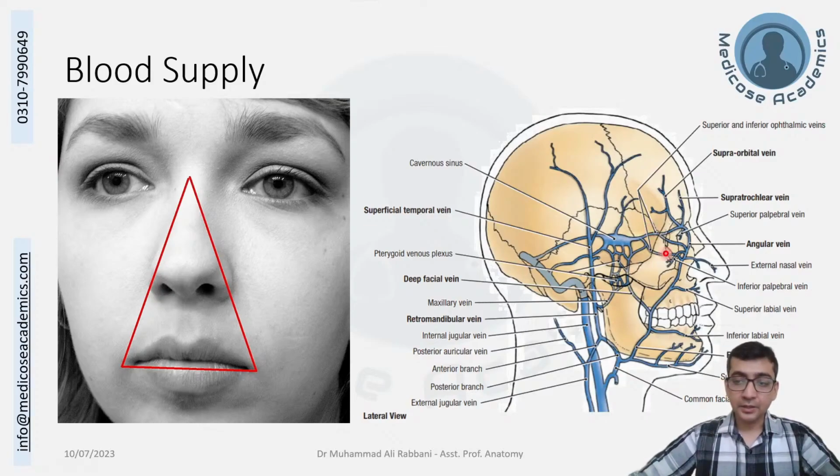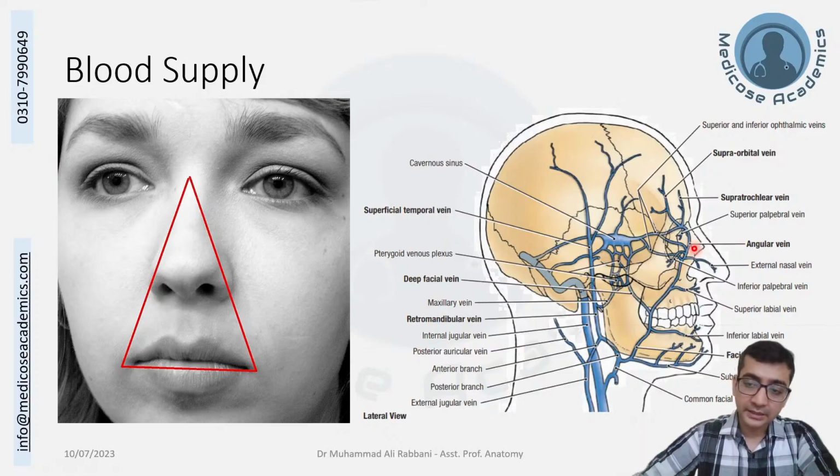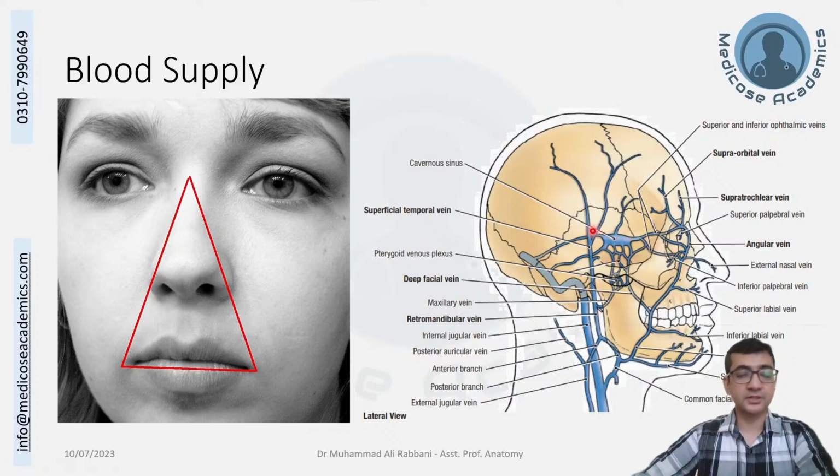Usually the blood doesn't follow this pathway, but if due to any reason there is a block in this way, or any other blockage, blood may move back to the cavernous sinus, and if the blood is infected, it will lead to cavernous sinus thrombosis.